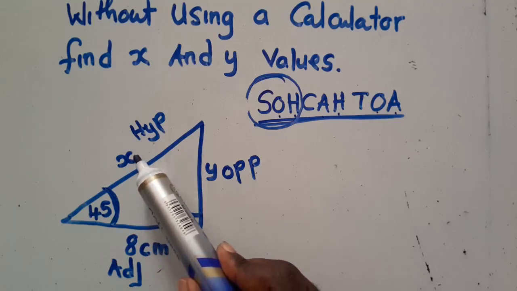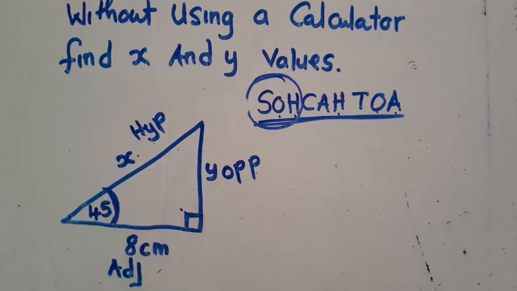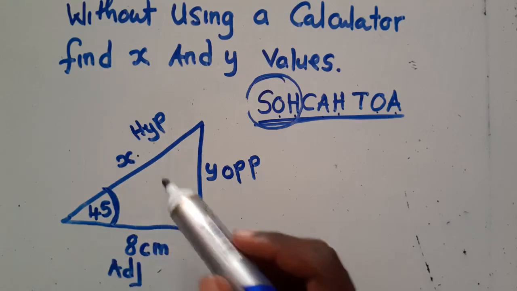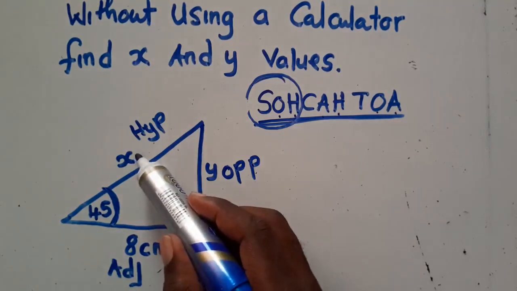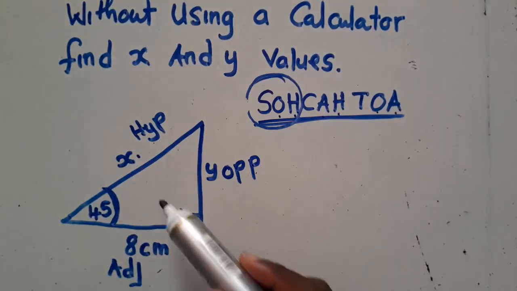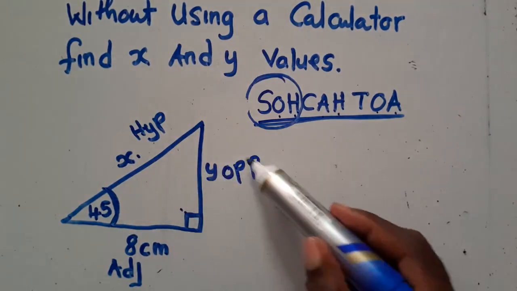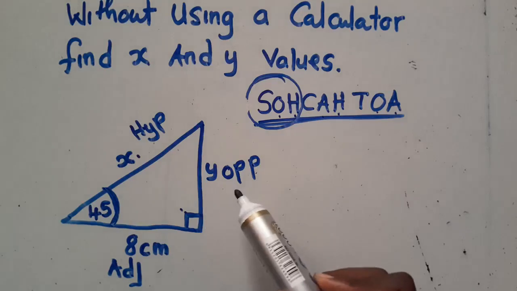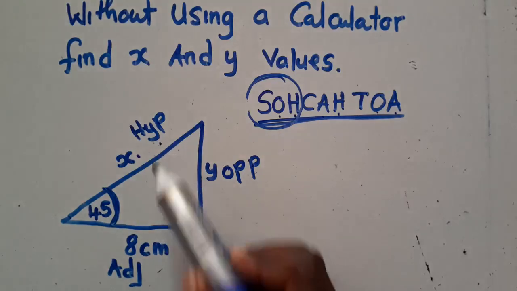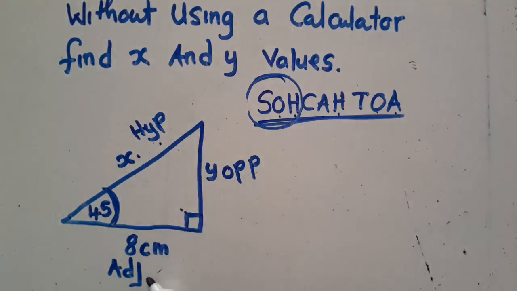Let us start by finding the value of x. How can we find x? On the x part here, what are we given? We cannot consider this one; we assume it is not given because it is a known value. What we are given is hypotenuse and adjacent.